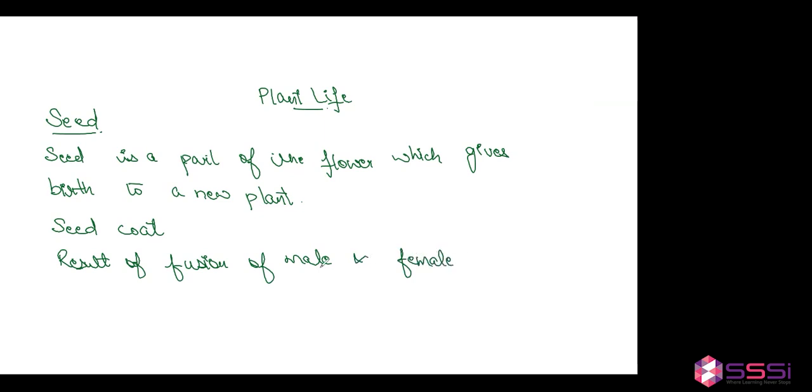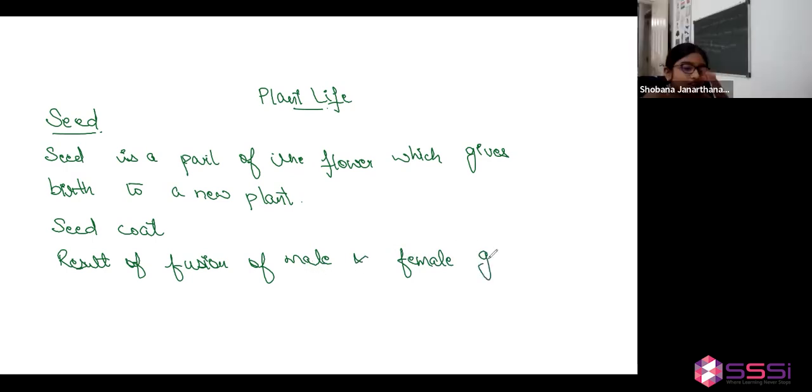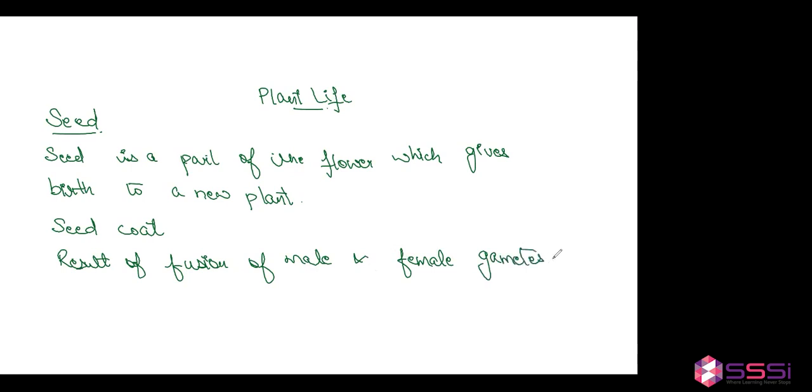So it is the result of fusion of male and female gametes. What is fusion? Fusion is when male and female gametes combine with each other and form a new seed.